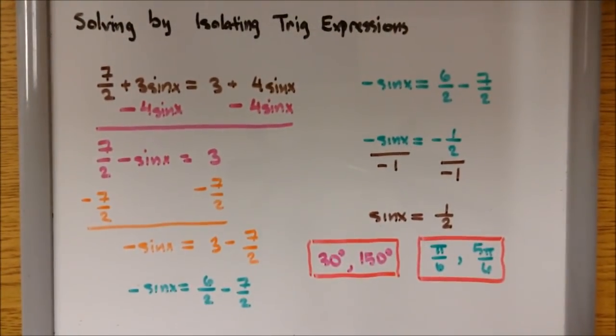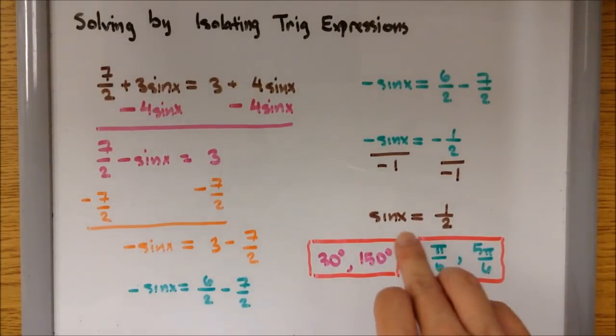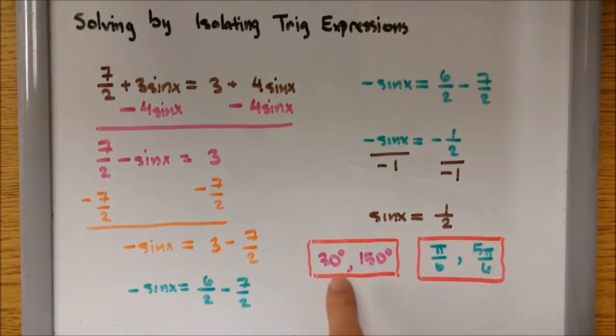So those will be our answers if I ask you in degrees, or if I ask you in radians. If I ask you in degrees, 30 degrees and 150 degrees. If I ask you in radians, pi over 6 and 5 pi over 6.